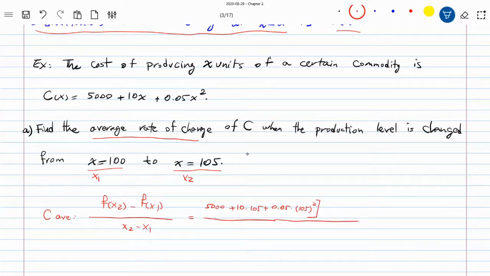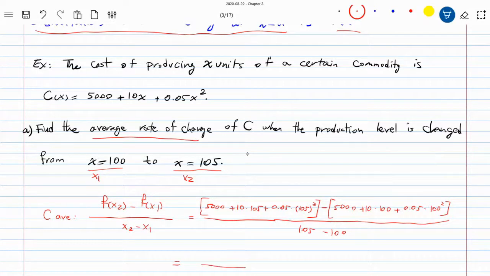This is replacing 105 as an x2 into the function C, and minus 5,000 plus 10 times 100 plus 0.05 times 100 squared. So if I calculate this, this would be f of x2 minus f of x1 divided by x2 minus x1. x2 minus x1 would be 105 minus 100.